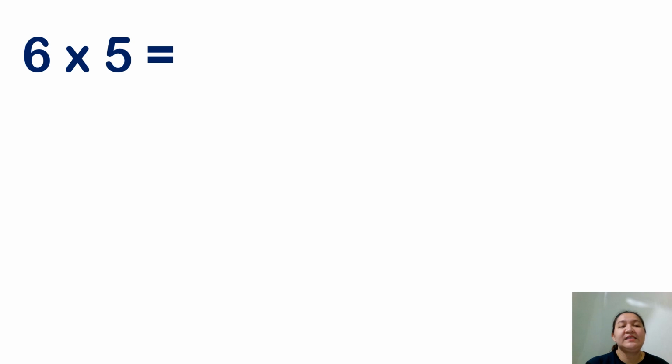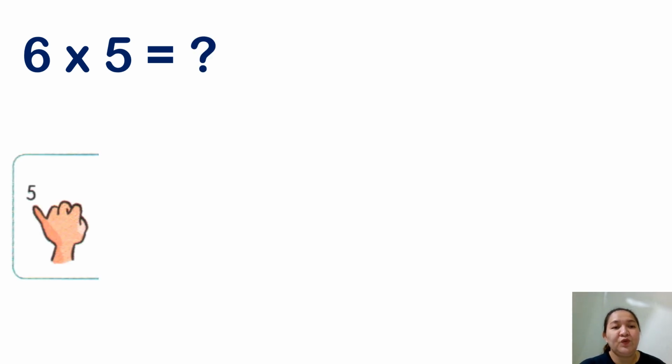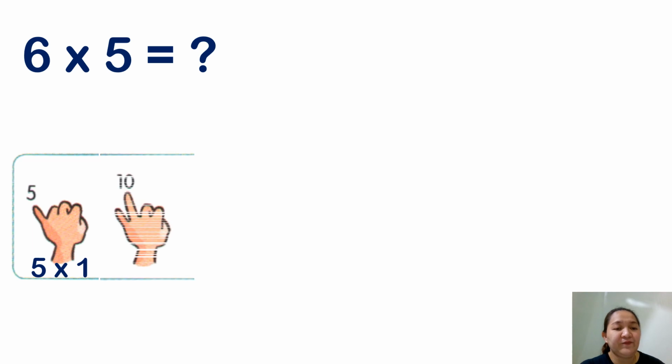Next, what is 6 multiplied by 5? So we have there 5. So 5 multiplied by 1 is 5.